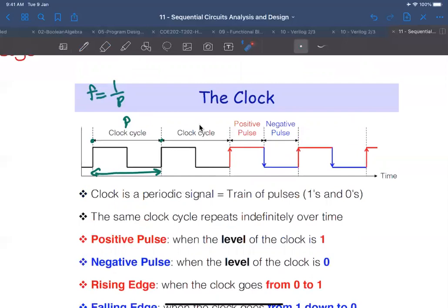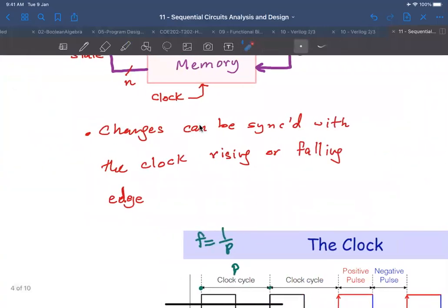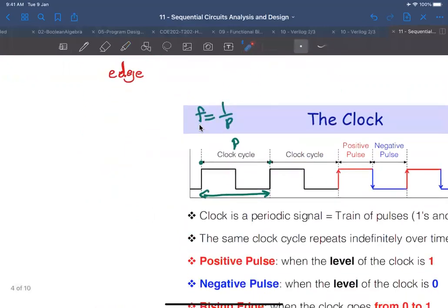So what I just said is that the changes of the present state can be synchronized with the clock rising or falling edge. What does this mean?